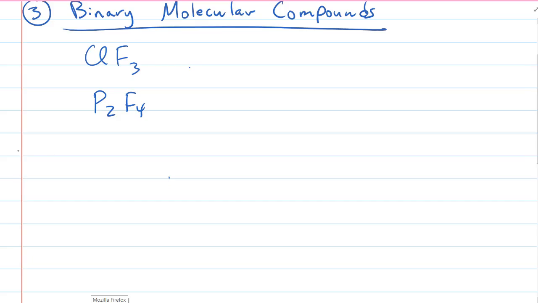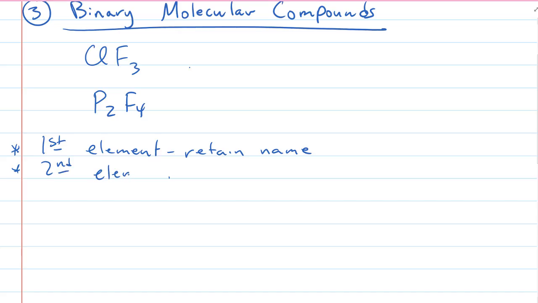The rules say that the first element is going to retain its name. Then we say that the second element is going to retain its root name, onto which we add a suffix of IDE.